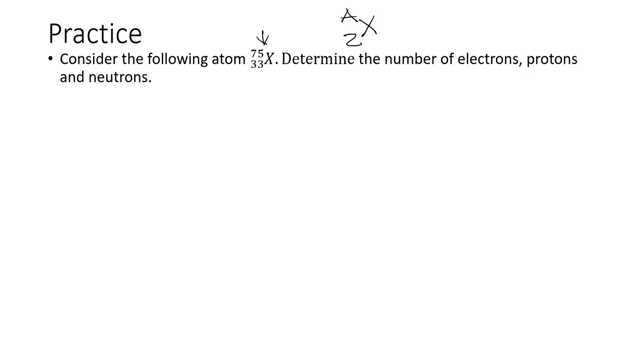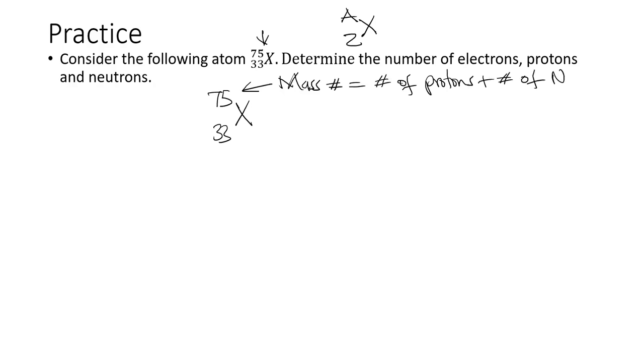So first, I'll write this down and say 75, 33, and I'll know that this is my mass number, which is number of protons plus number of neutrons.